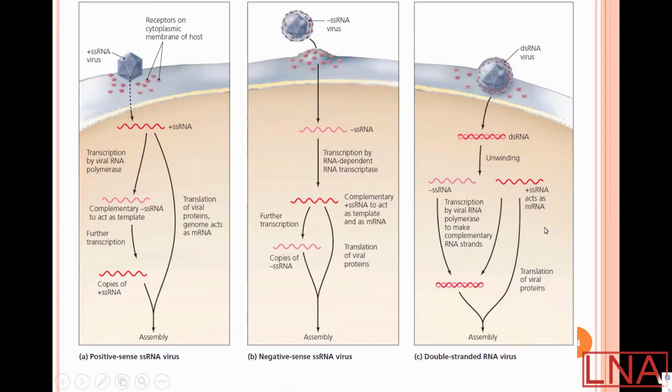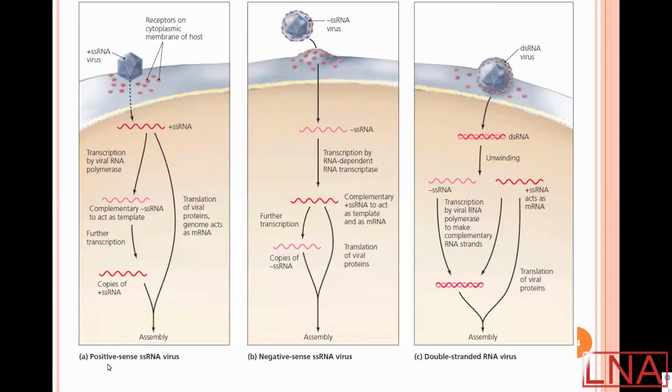And the last scenario, a double-strand RNA virus. A double-strand RNA virus has positive sense and negative sense. Positive sense acts as mRNA. Negative sense acts as a template for transcription by viral RNA polymerase to make complementary RNA strands.